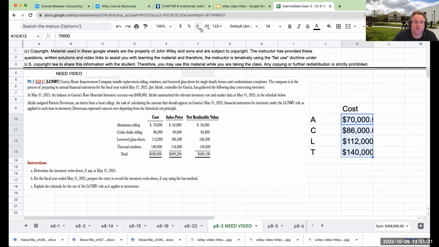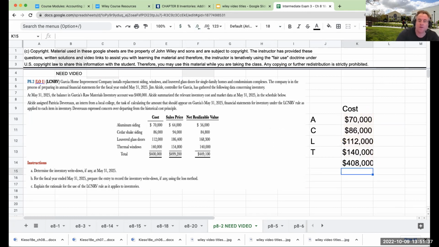This is what's giving us our 408. Now I'm doing this at the net realizable value. They're not giving me enough information, like the normal profit margin and all that other stuff, so we're just going to say NRV.